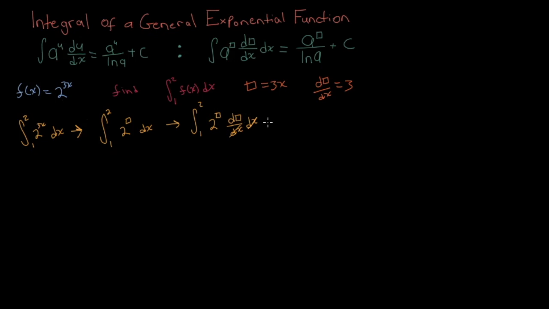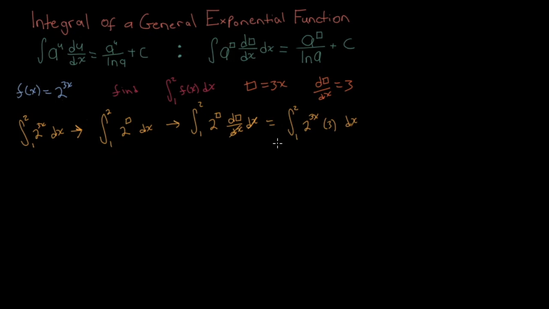If we substitute those numbers in, we get the integral from 1 to 2 of 2 to the power of 3x times d box by dx, which in this case is 3, times 3 dx. Now as you can see, it is in this form for integration. Now we can go ahead and integrate it.